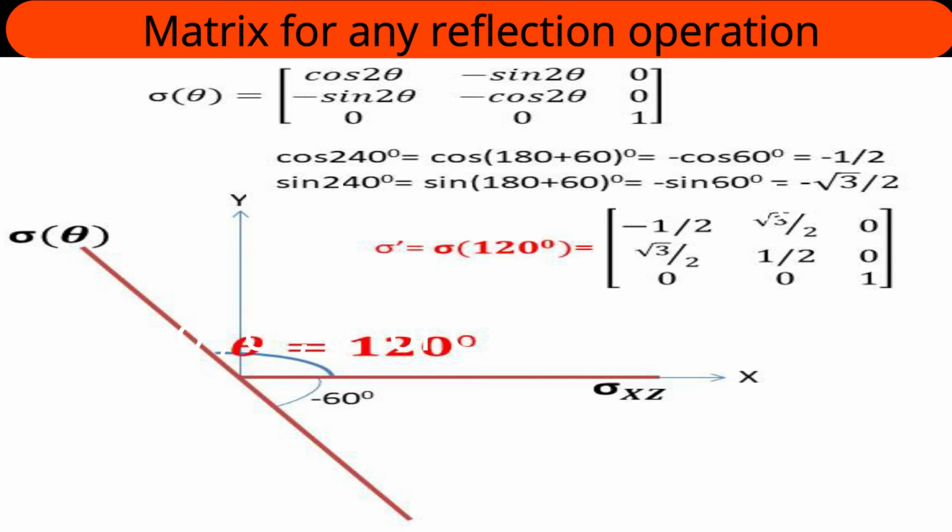So on the right side I represent cos of the angle 60 degrees. Now ask the question, that angle 240 degrees is in which quadrant? Third quadrant. And in the third quadrant, is the cos function positive or negative? It's negative. So the answer is minus cos 60 degrees. What is cos 60 degrees? It is half. So the answer is minus half. Cos 240 degrees is equal to minus half.